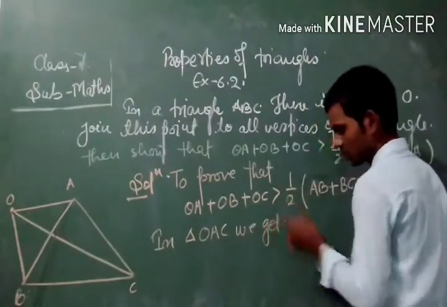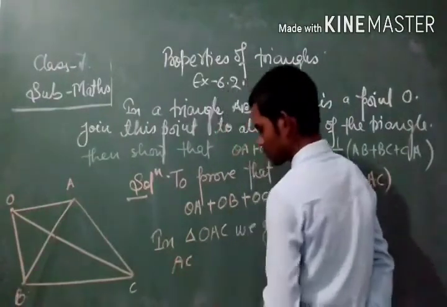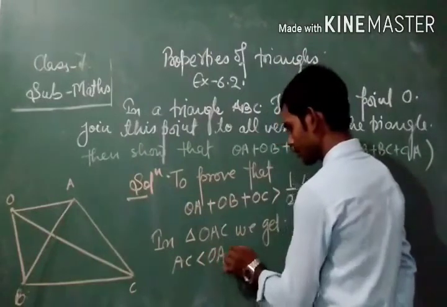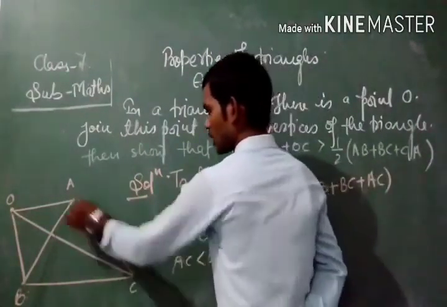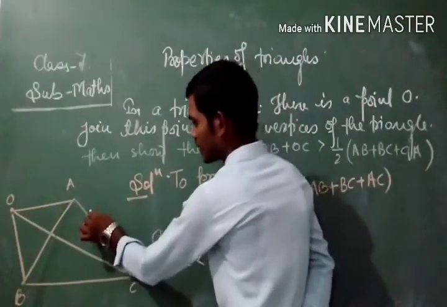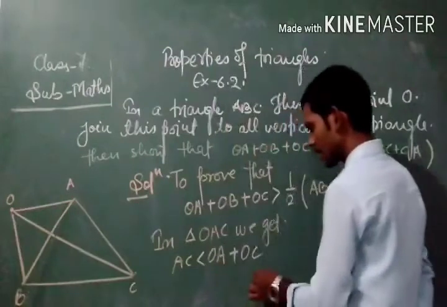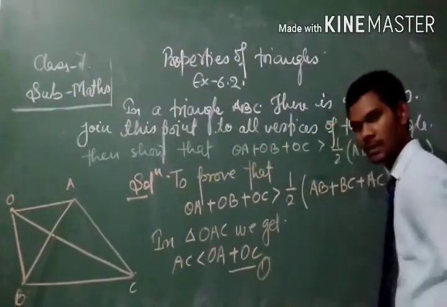We get that AC is less than OA plus OC. The side AC is less than the sum of the sides OA plus OC. This is condition first.